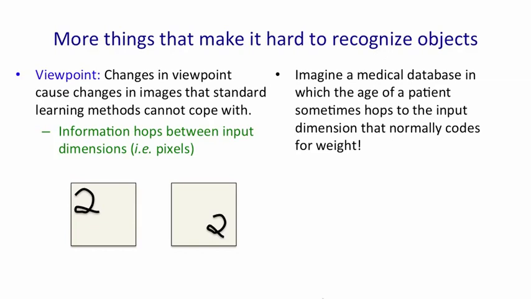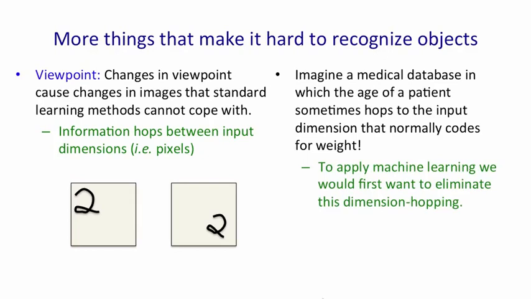Obviously, we wouldn't just carry on doing our learning. We'd try and do something to fix that. That's going to make everything go wrong. I call that phenomenon dimension hopping, when information jumps from one input dimension to another. And that's what viewpoint does, and it's something we need to fix. And preferably, we'd like to fix it in a systematic way.